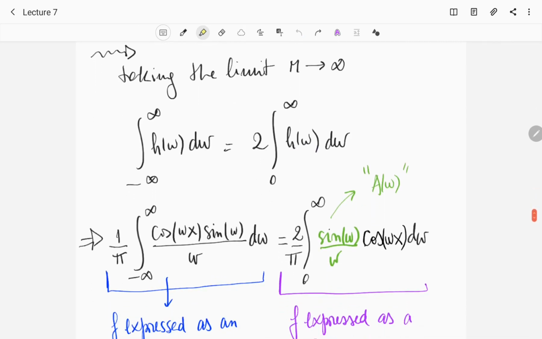Okay, so this was our star formula with red. I think this is h. And we just proved that we can rewrite this guy as 2 times this.